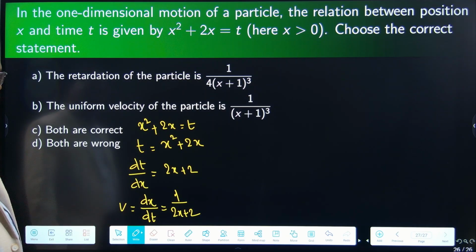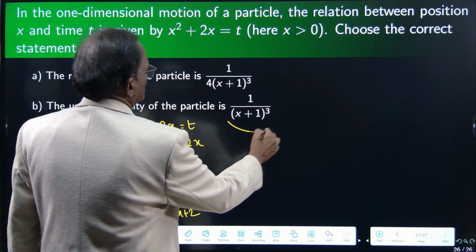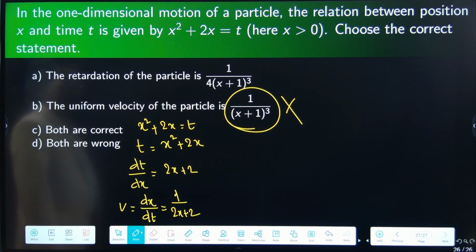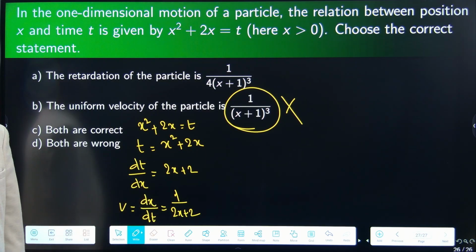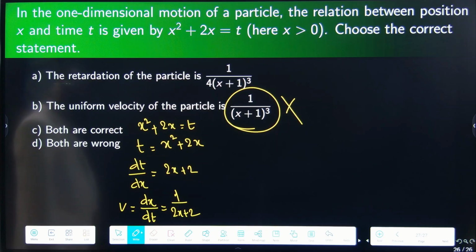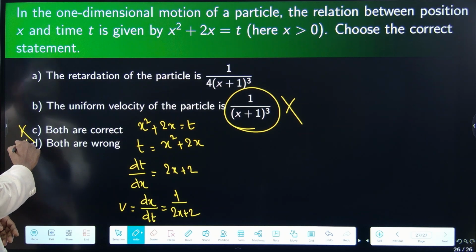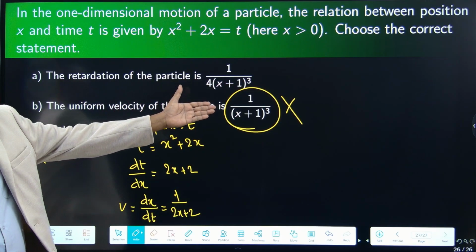Now velocity is available. The uniform velocity of the particle is wrong. We are having 1 divided by (2x + 2), but the option says 1 divided by (x + 1)³. If it is wrong, C is also wrong and D is also wrong, because both are correct means this must be correct.